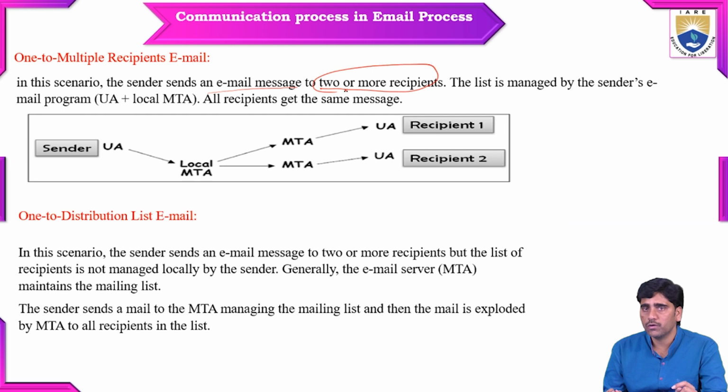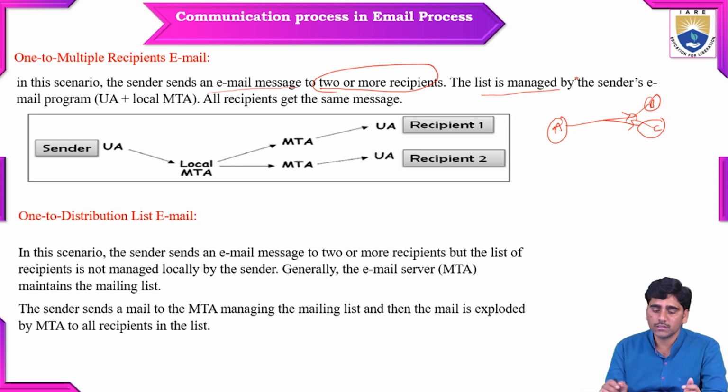Here the sender is A, and the receivers are B and C. The list is managed by the sender's email program, which is user authenticated plus local MTA.